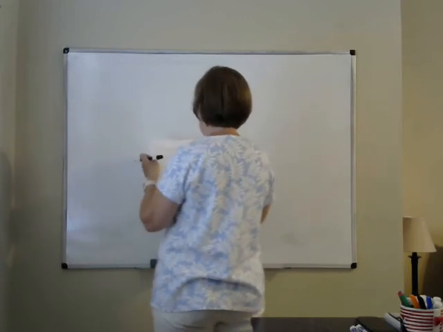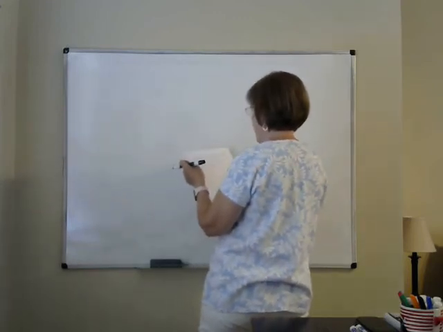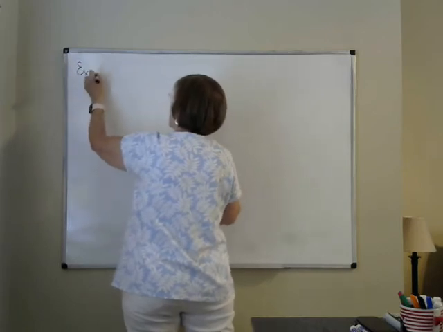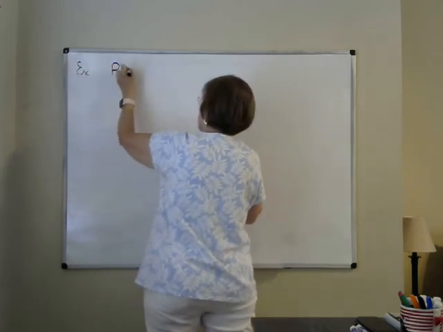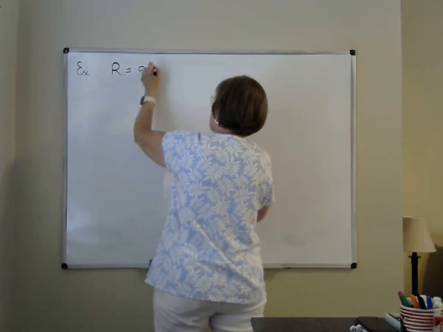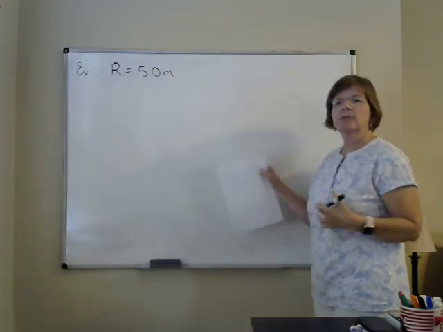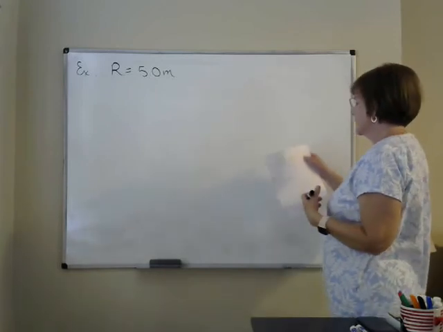So we've got passengers in a carnival ride that travel in a circle that has a radius of 5 meters. Whether this is a merry-go-round doesn't really matter. We've got some type of ride.